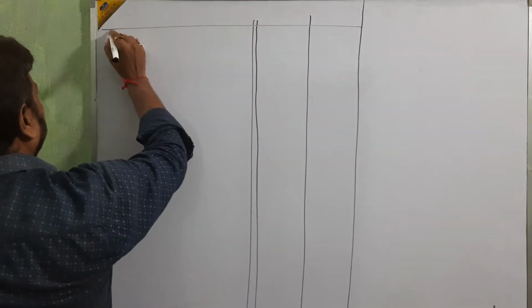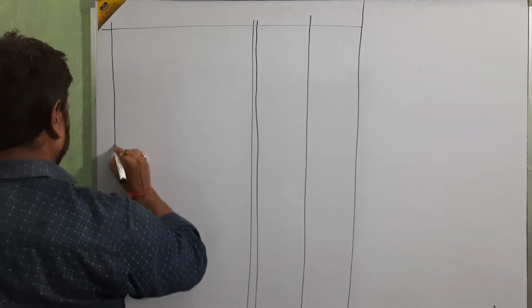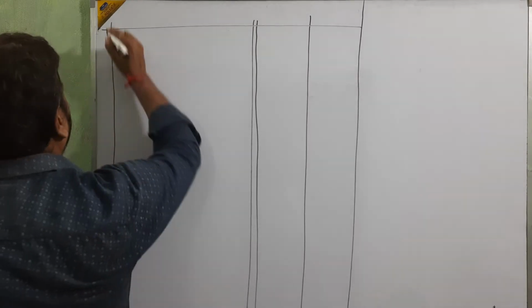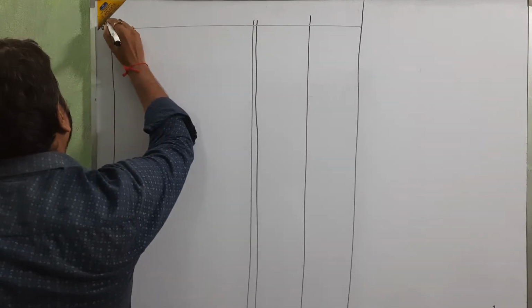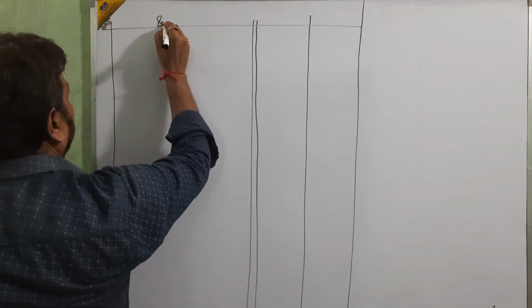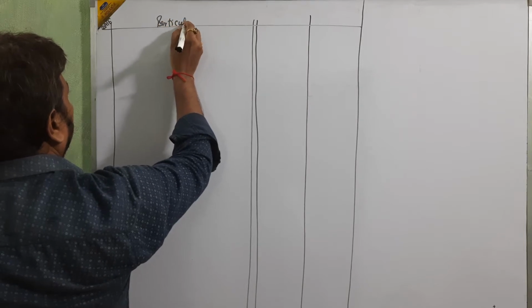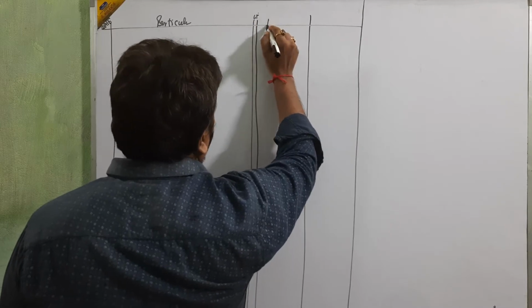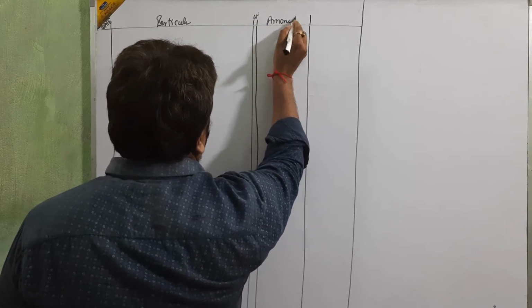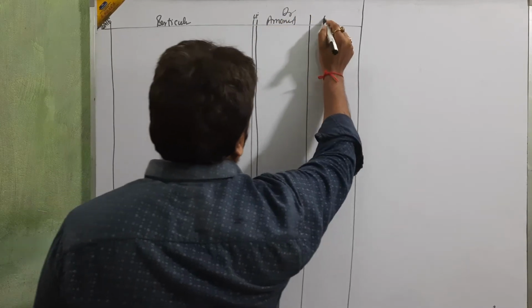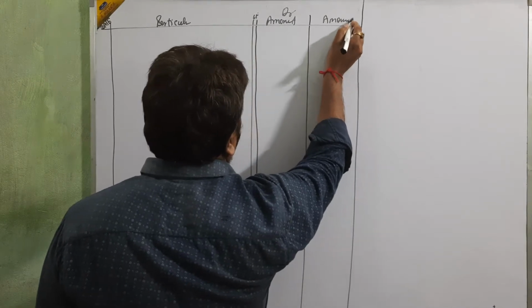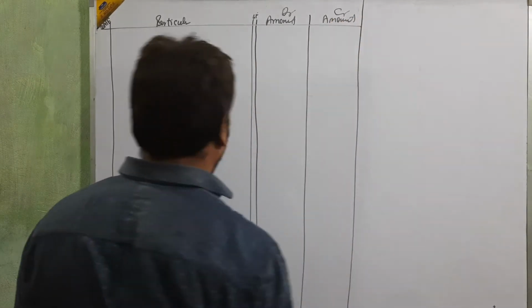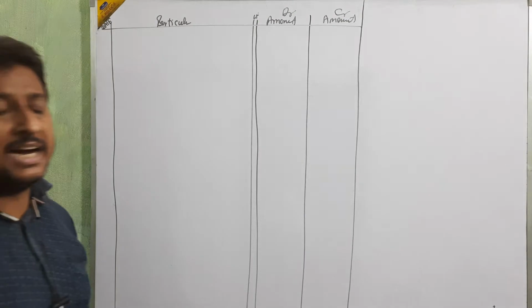Journal pro forma: Date, Particulars, LF, Amount debit, Amount credit.